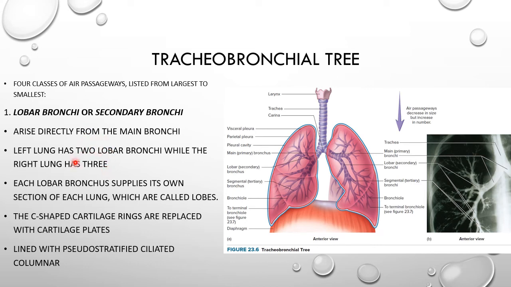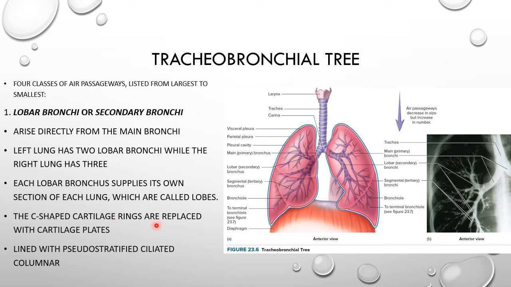And the left lung has 2 lobar bronchi kasi yung left lung mo has 2 lobes while your right has 3, no? 1 for each lobe kasi your right lung has 3 lobes. Each lobar bronchus supplies its own section of each lung, which are called lobes, okay? So 2 lobes for left, 3 lobes for right. The C-shaped cartilage rings, as you remember, meron ito sa ating trachea, no?